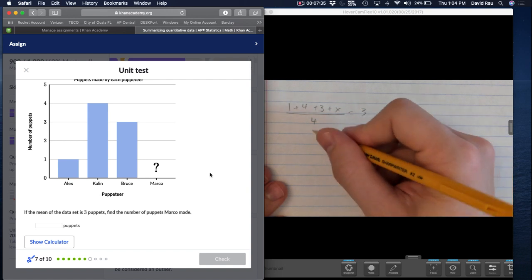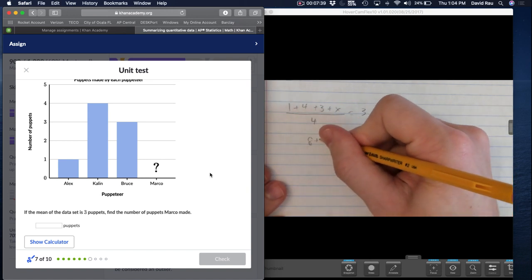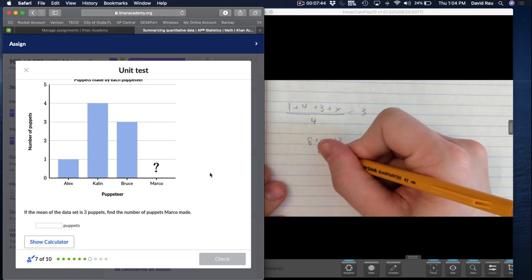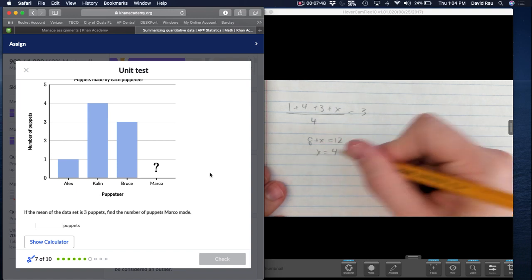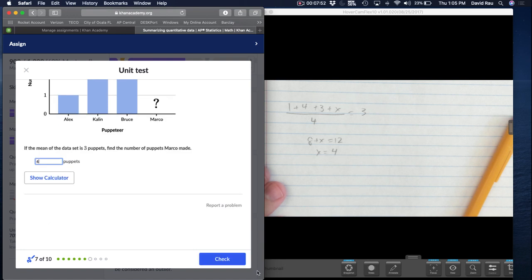Well, multiply the 4, add all those up, so we add all these up, this is 8 plus x. If we multiply the 4, we get 12, and so that means the answer must be 4 after you subtract. Gosh, I hope I'm right.